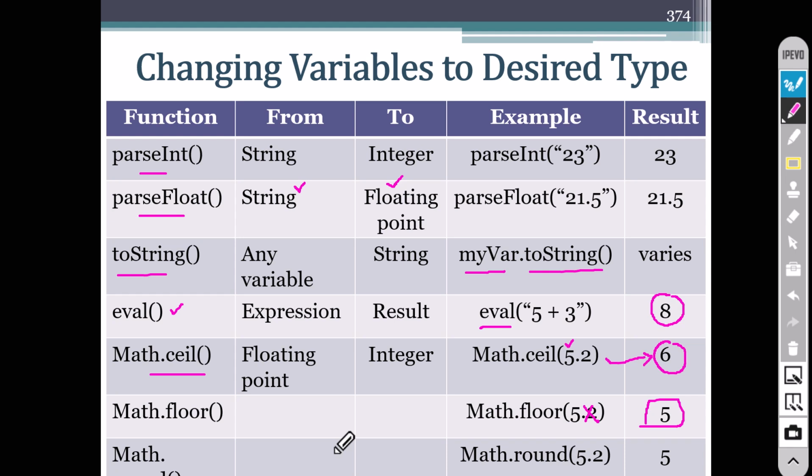But if you consider different values like 5.5 and 5.6, it gives you the upper one. I want you to try 5.5 and 5.6 using the math.round function.